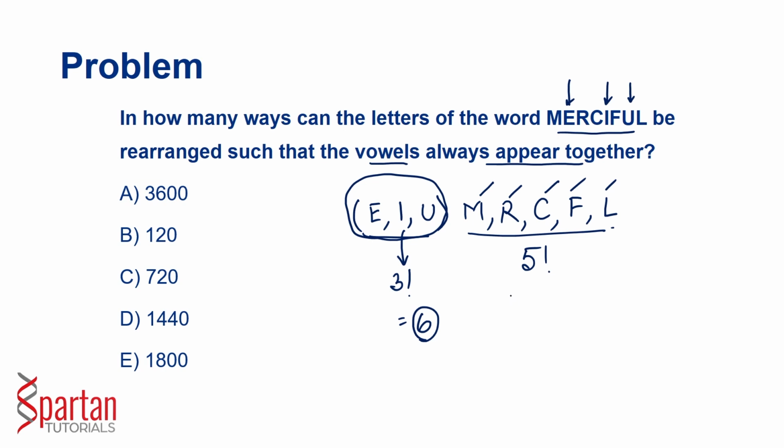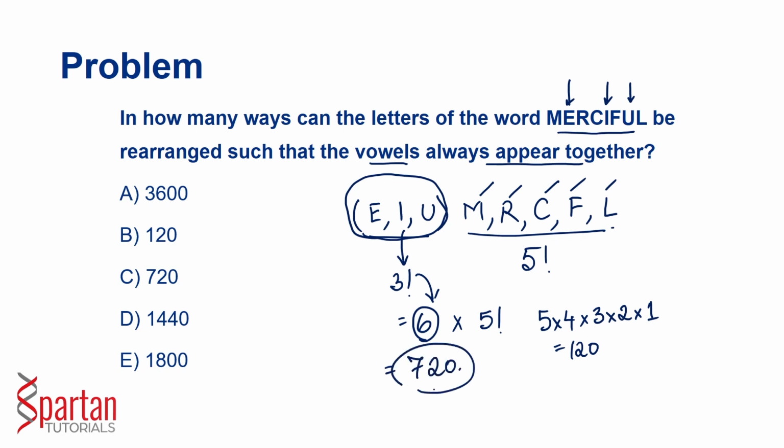So in total, they will be 5 factorial multiplied by 3 factorial. 3 factorial we have already calculated as 6, multiplied by 5 factorial, or 5 multiplied by 4 multiplied by 3 multiplied by 2 multiplied by 1, or 120. So the total number of arrangements here will be 720. So C is our right answer.